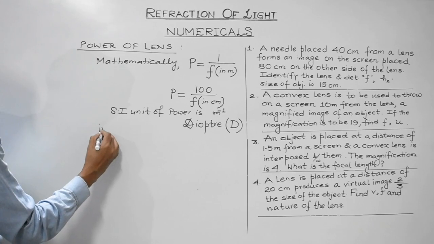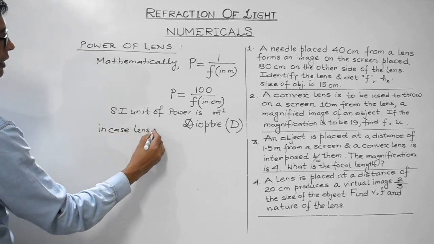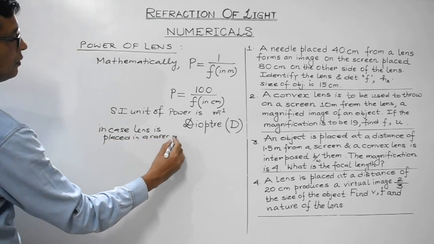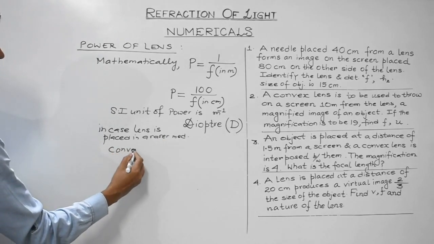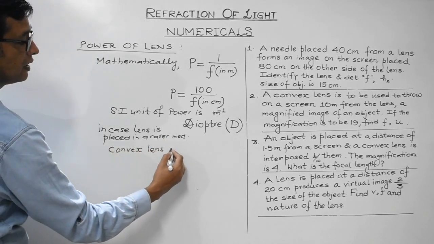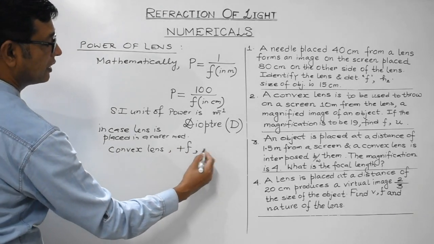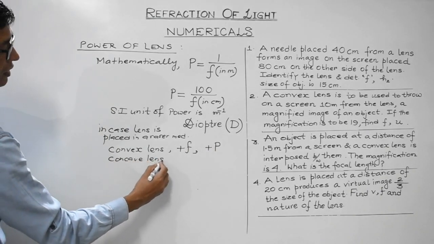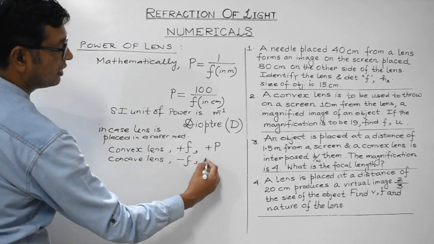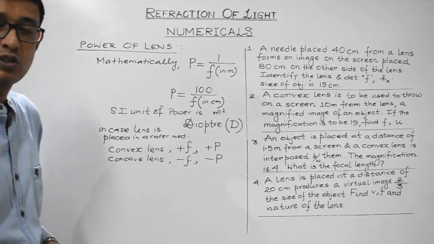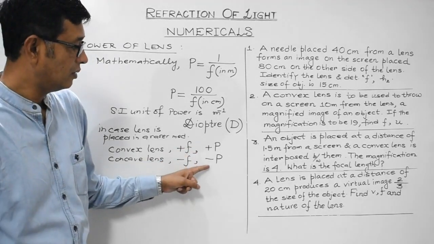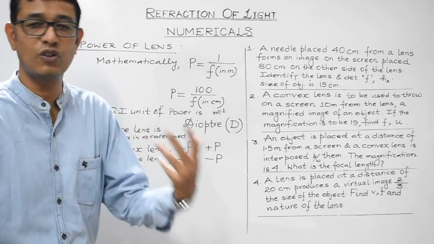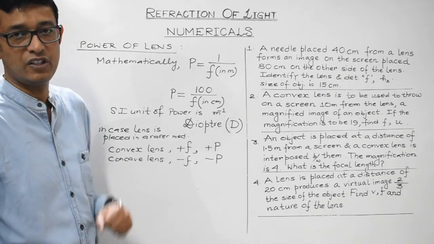In case the lens is placed in a rarer medium, a convex lens has positive focal length and accordingly positive power, while a concave lens, which is a diverging lens, has negative focal length and accordingly negative power. So what I mean to say is that only by considering the sign of the power of a lens, we can easily identify the nature of the lens, whether it is converging or diverging, right?